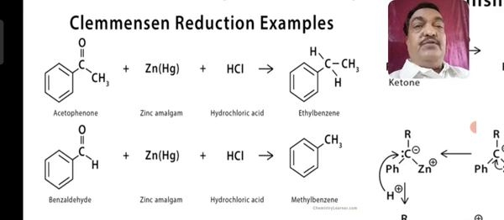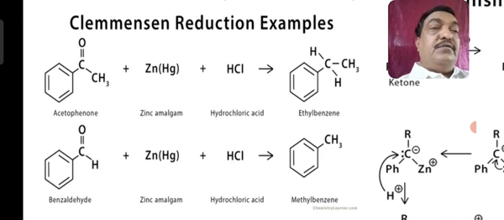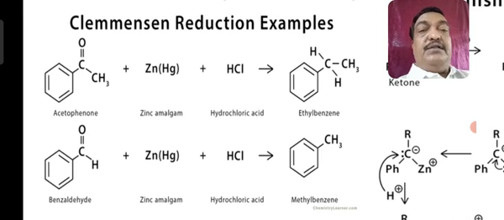The liberated hydrogen is used for the reduction. So acetophenone, when treated with this zinc amalgam in HCl, the C double bond O will be eliminated as water, and two hydrogens are added to that carbon, and you will get ethylbenzene. That is, a CH2CH3 attached to the benzene is called ethylbenzene.